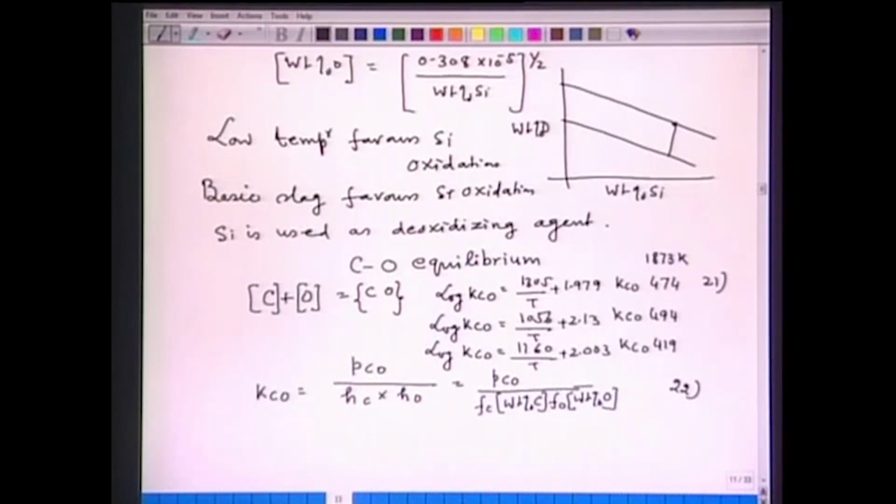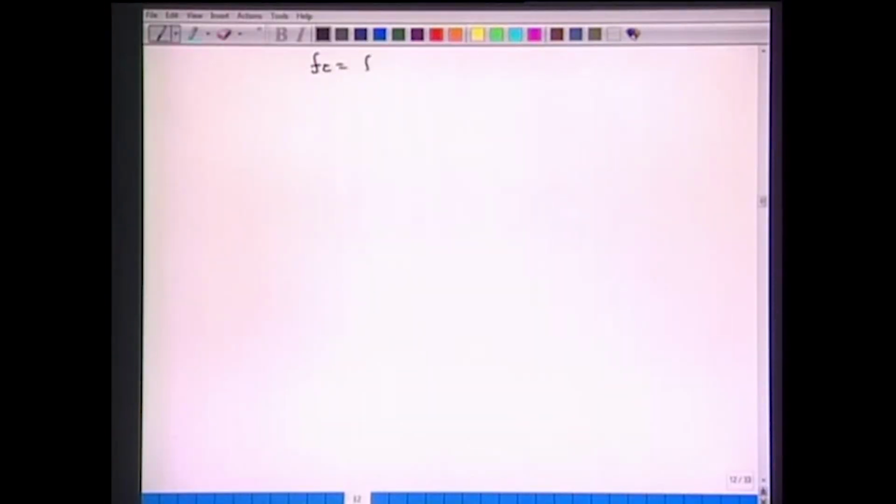Now, assuming the activity coefficients of carbon and oxygen in liquid steel to be unity, however, this value may not be unity, but for the sake of calculation and understanding, let us take that FC is equal to FO, equal to 1.